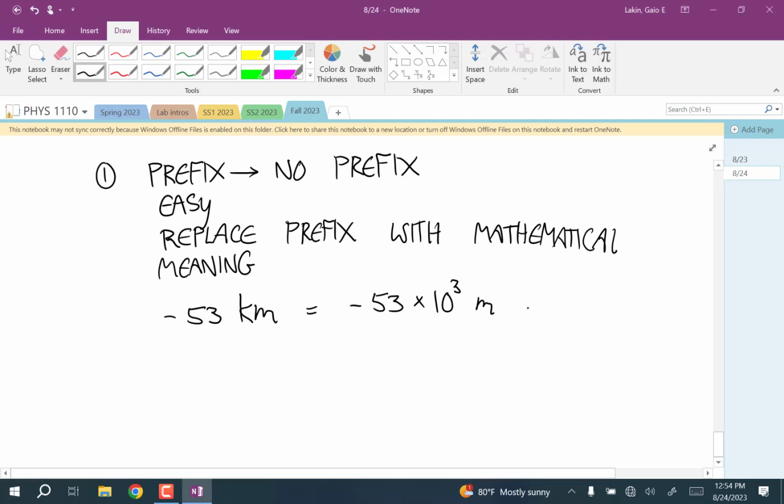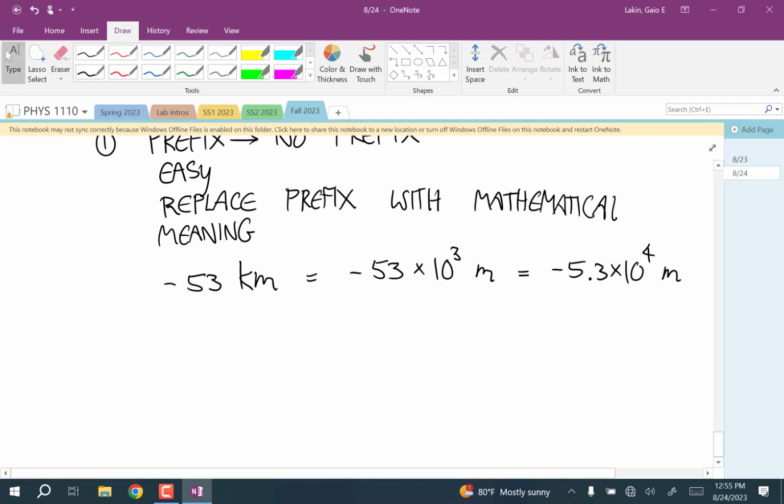To get that into scientific notation, you would divide that first number by 10, and if you're dividing this by 10, you have to multiply this by 10 in order for it to keep the same meaning. So you'd write this as negative 5.3 times 10 to the fourth meters. That one's easy, you just do the replacement.